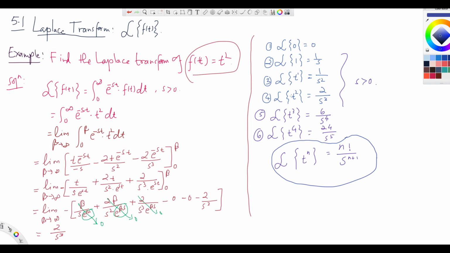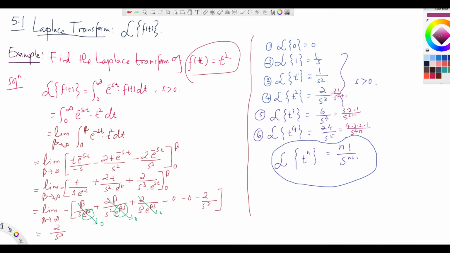see that you can write 2 as 2 times 1 over s to the 2 plus 1, right? Here you can write 3 times 2 times 1 over s to the 3 plus 1, right? This one is 4 times 3 times 2 times 1 over s to the 4 plus 1, right?